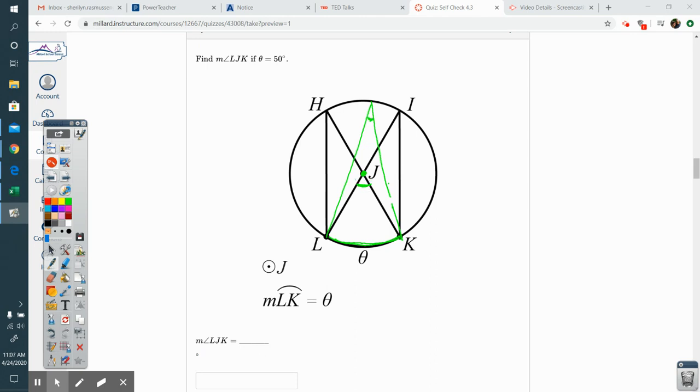But the problem is asking what is this angle that touches the center point? By definition, this is theta. That's the symbol for theta, but all it means is like an X, or an angle. So LJK must also be 50, because that's the definition of what this is from the center out.